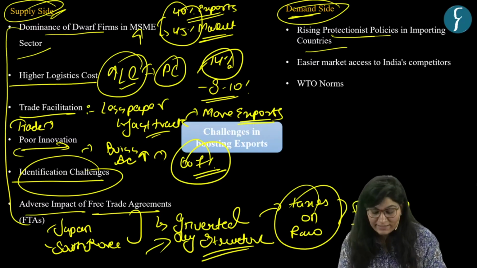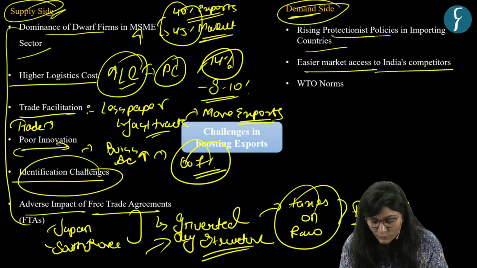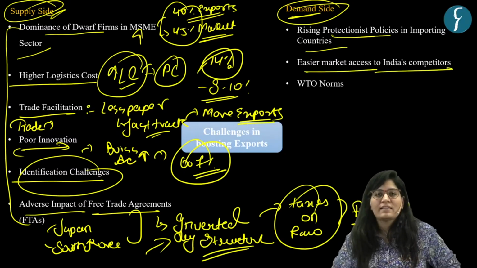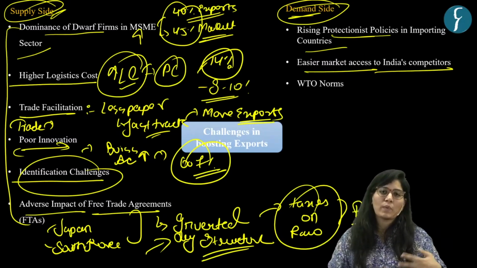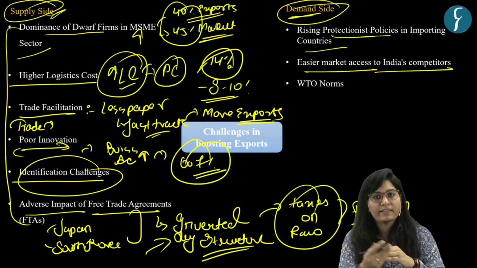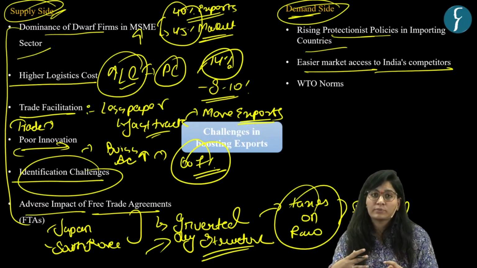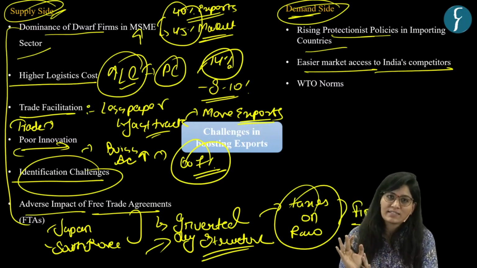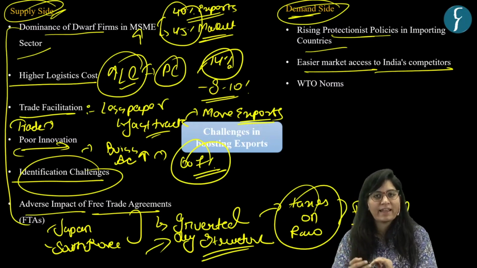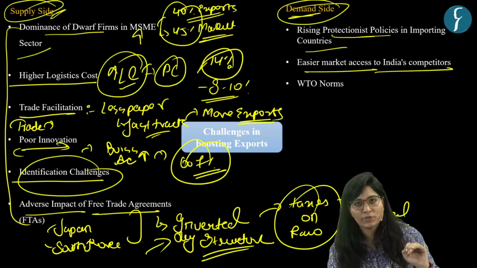Then we have easier market access to India's competitors. See, for example, products coming from countries like Vietnam and Bangladesh are getting entry into global markets like the European Union and USA with zero custom duty.